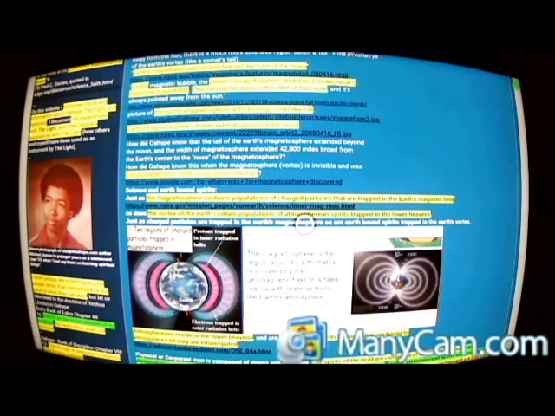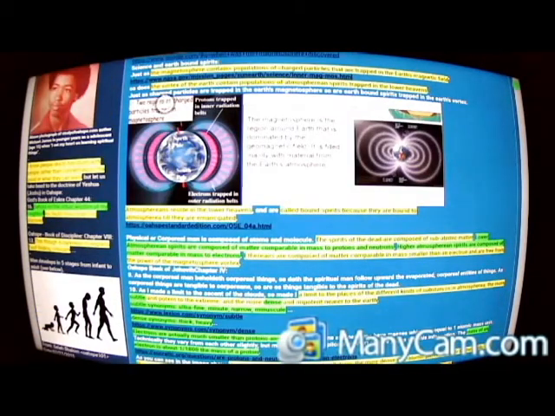So there is a physics or a science to earthbound spirits that are bound to the Earth in the lower heavens. And here's a picture right here of two regions of charged particles trapped in the magnetosphere. There is an inner belt region where protons are trapped, and there is an outer belt region where electrons are trapped.